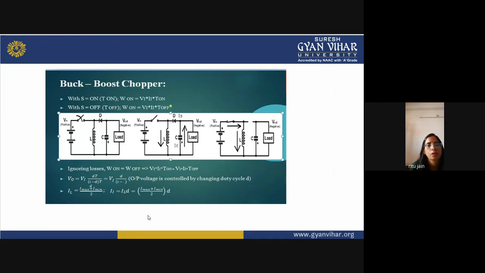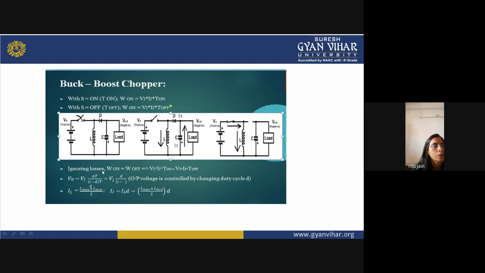When switch S is on, the power which is transferring is equal to V1 into I1 into T on time period. When S is off, the power which is transferring is equal to V1 into I1 into T off period.